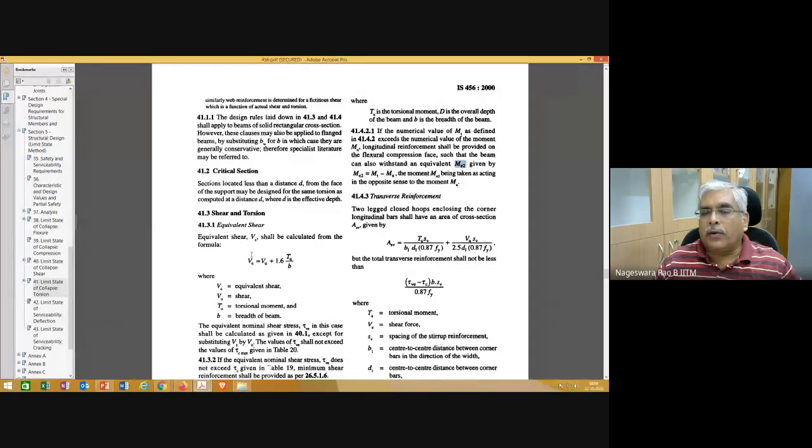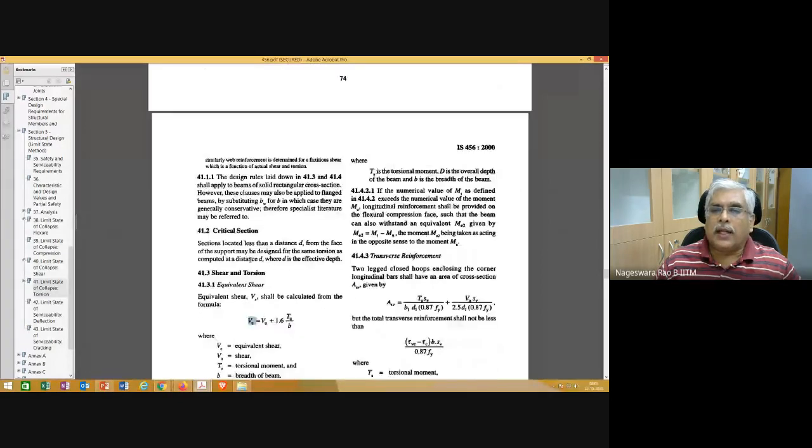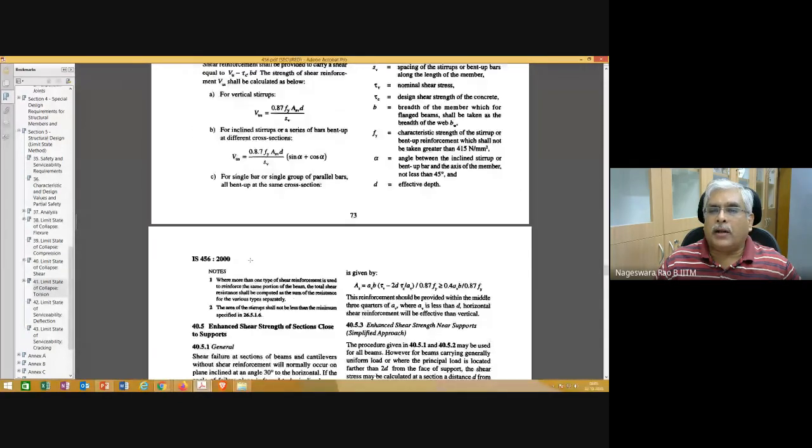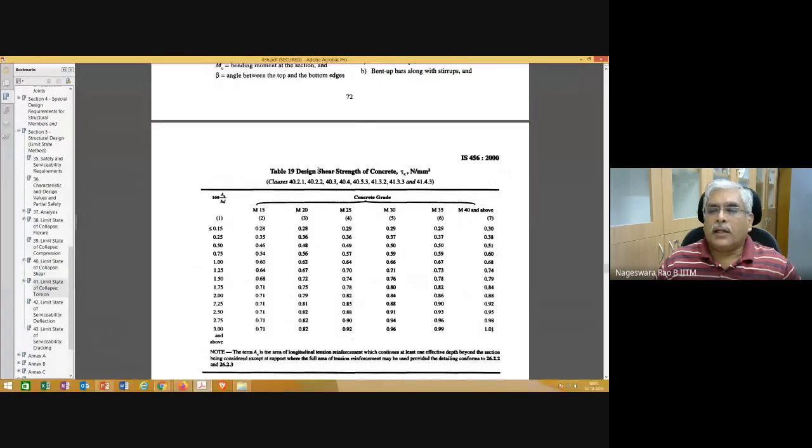And now coming to the shear reinforcement. After calculating equivalent shear, making use of that, you can calculate the nominal shear stress. And for the given grade of concrete and given grade of steel, you can make use of table 19 of IS 456 or SP16, the relation that is given under section 4 of SP16.